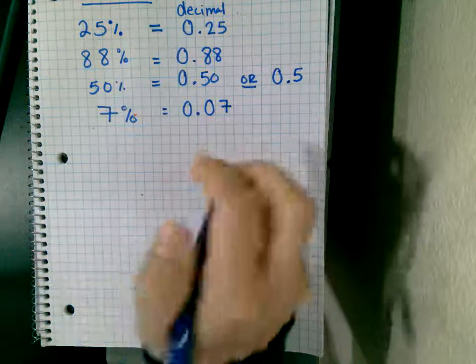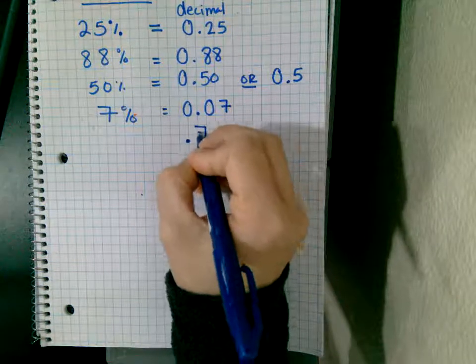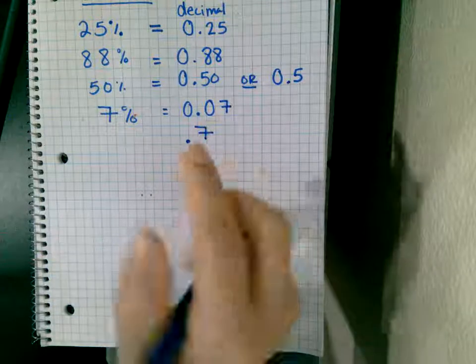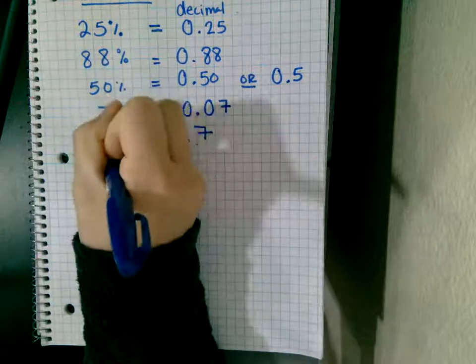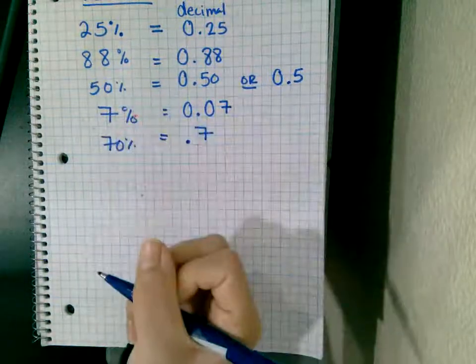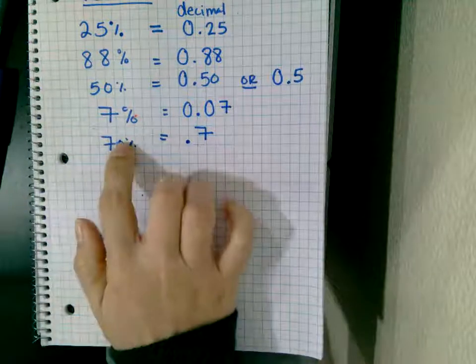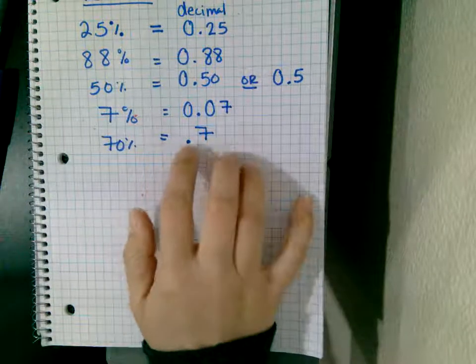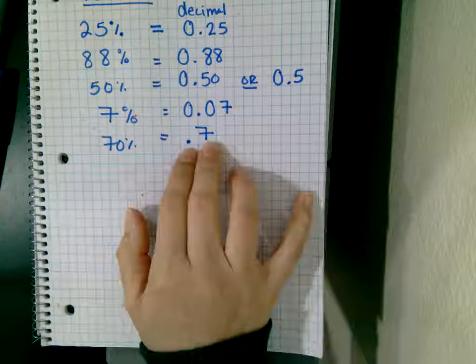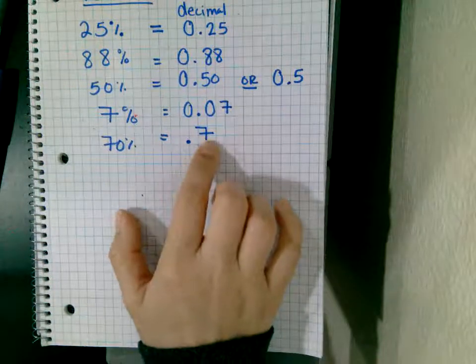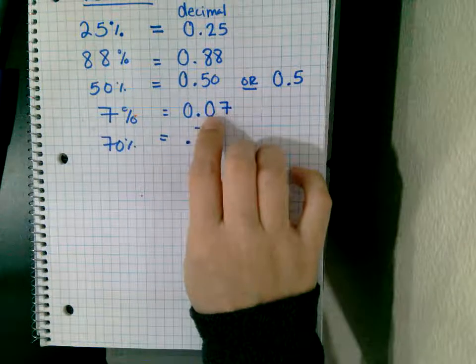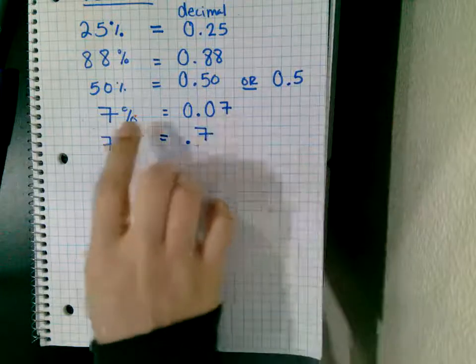If you wrote it as 0.7 without a zero, you're actually talking about 70%. So be very careful. 70% is 0.7. If we write it as 0.07, then it would be 7%.